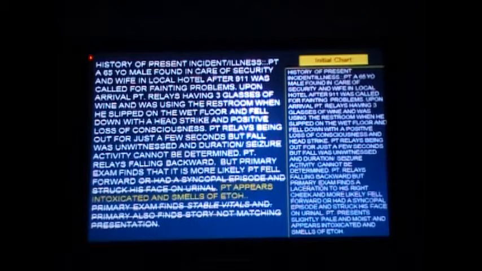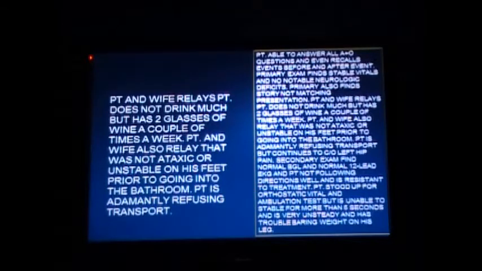The other thing I excluded from this initial history of present illness is, again, the stable vital signs and all that stuff. You're going to tell me that later in this chart. So again, ongoing with the original chart, patient's continuing to give me some more history, background history, social habits, those kind of things.